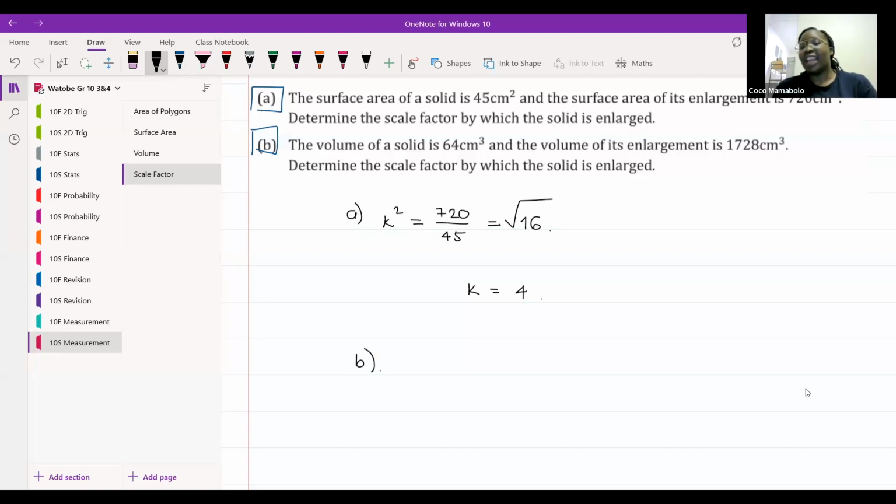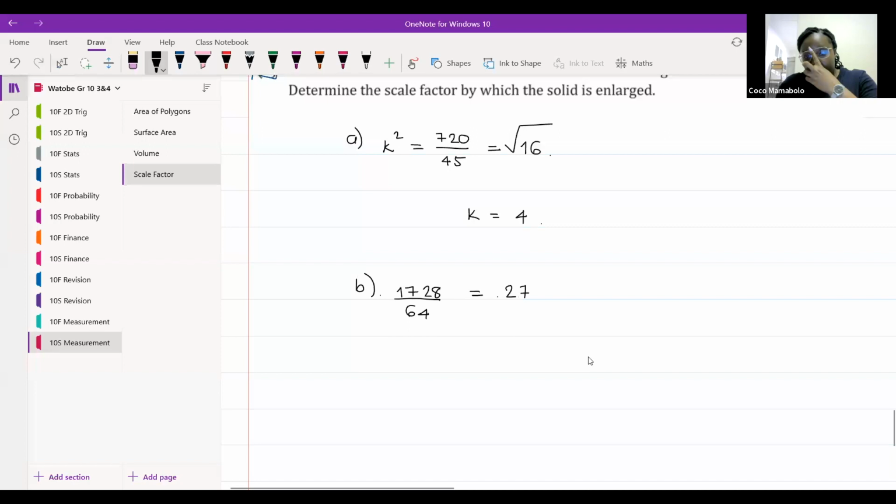Okay. All right. Now, we're going to do the exact same thing when it comes to the volume. We're going to take the volume, 1728, divide that by 64. How much does that give me? It gives us 27. But because we know that this is the volume, the K factor is actually K cubed.